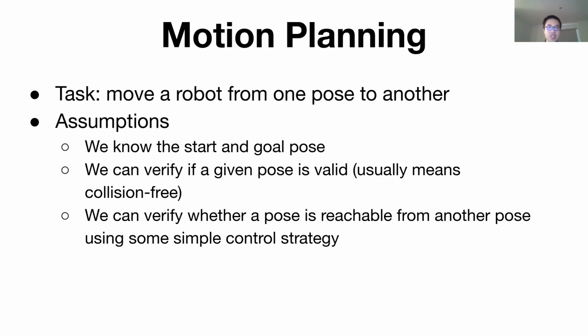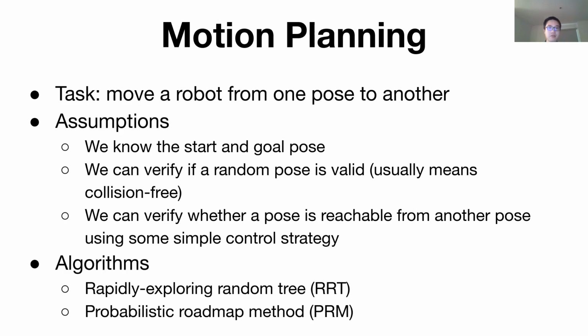We also need to be able to verify whether a pose is reachable from another pose using some simple control strategy. Common algorithms of motion planning include the Rapid Exploring Random Tree Algorithm, or RRT, and the Probabilistic Roadmap Method, or PRM.